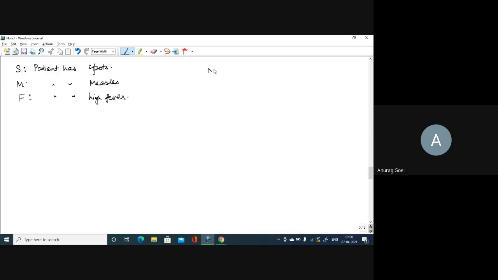Measles is actually affecting it: measles is creating spots and measles is creating fever. That means when someone is infected with measles, they get these spots and fever. So these are the evidences for measles.